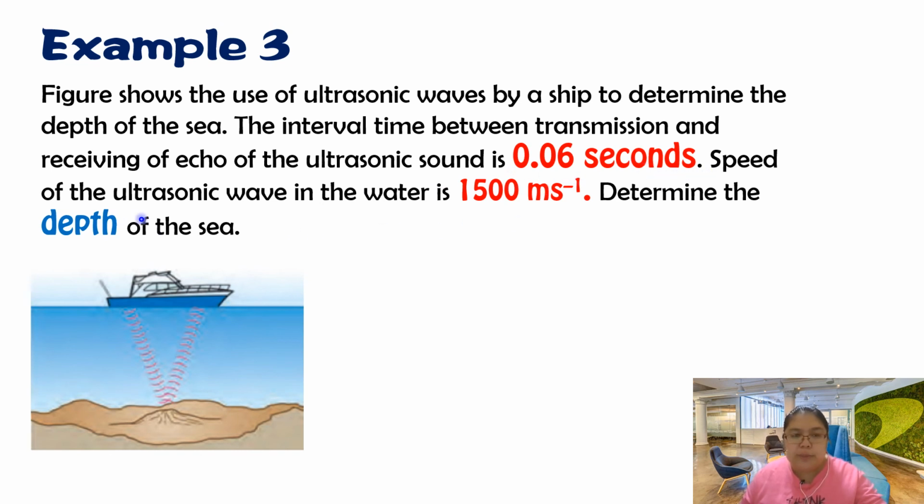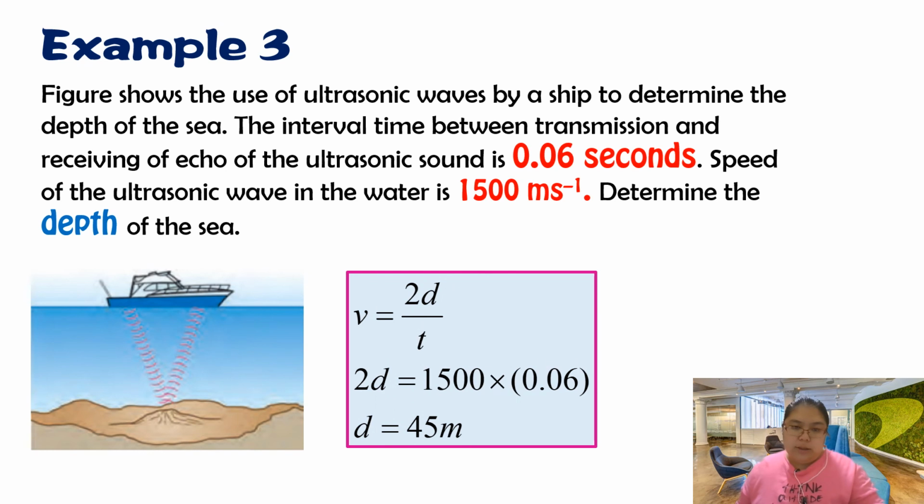The speed of the ultrasonic wave is provided as 1500. Determine the depth. So we're still using the same formula, V equals 2D over T. So we get the speed 1500, then the time taken 0.06, then we divide by 2. So I get the depth of the sea, which is 45 meter.